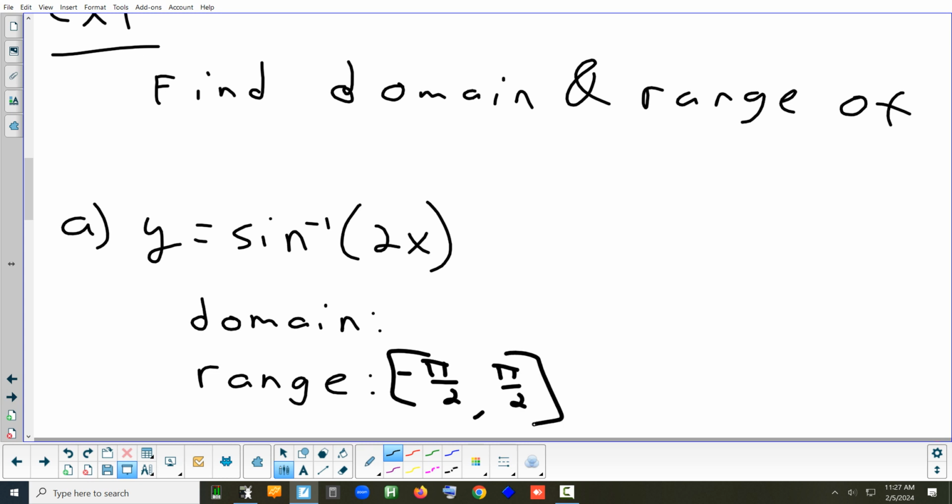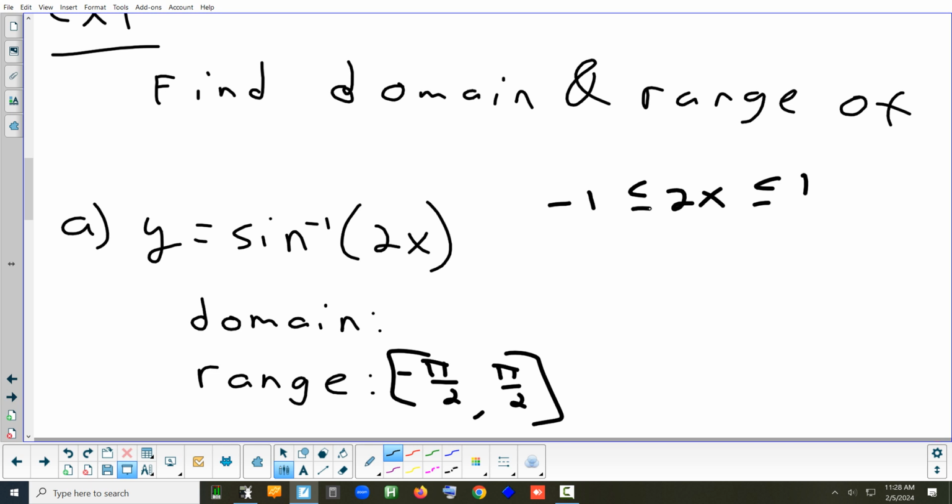Now, domain. Create a compound inequality. Put the argument in the middle. And put the original domain on each side. What's the original domain for inverse sine? Remember, if you can't remember the domain of the inverse, think of how high and low the original goes. -1 to 1.